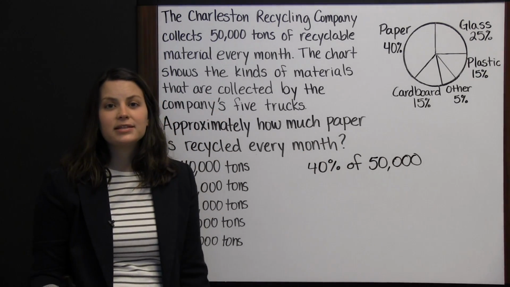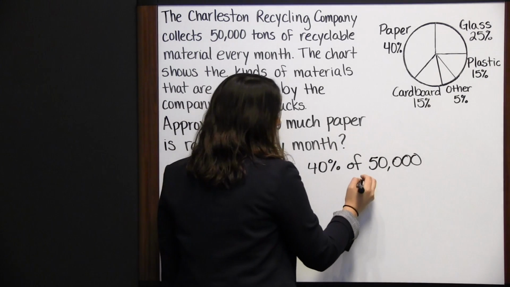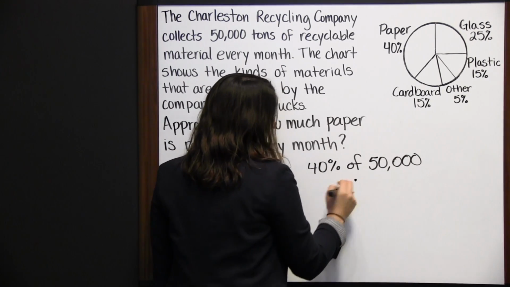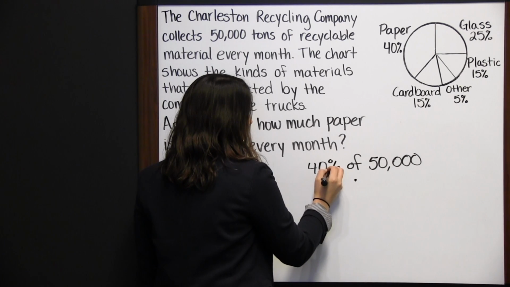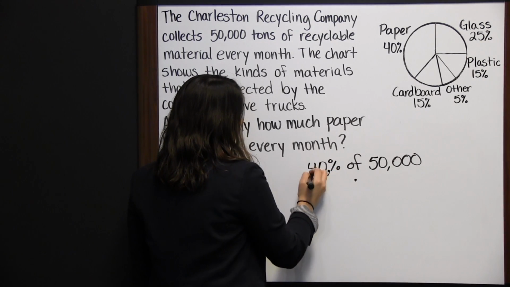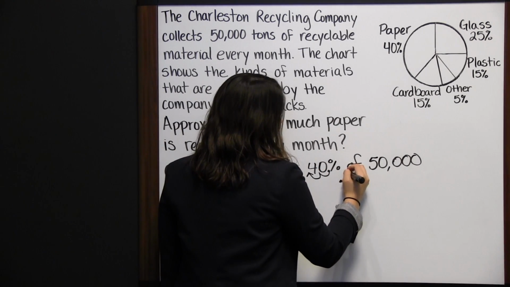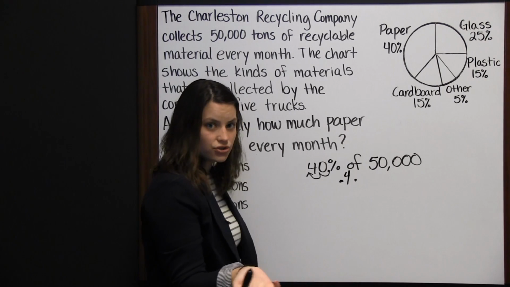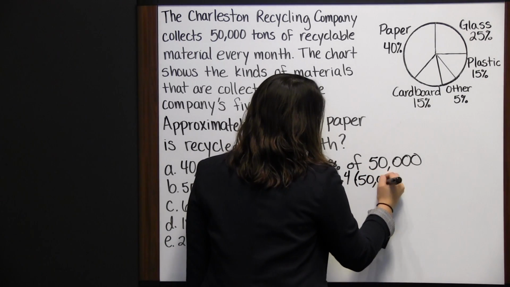And that's what we want to find, is how much is that? Well, of means to multiply. And I'm going to multiply 40% and 50,000, which means I need to change 40% to a decimal. So move the decimal 2 places to the left. So I'm actually multiplying 4/10 or 40/100ths, it's the same thing, times 50,000.